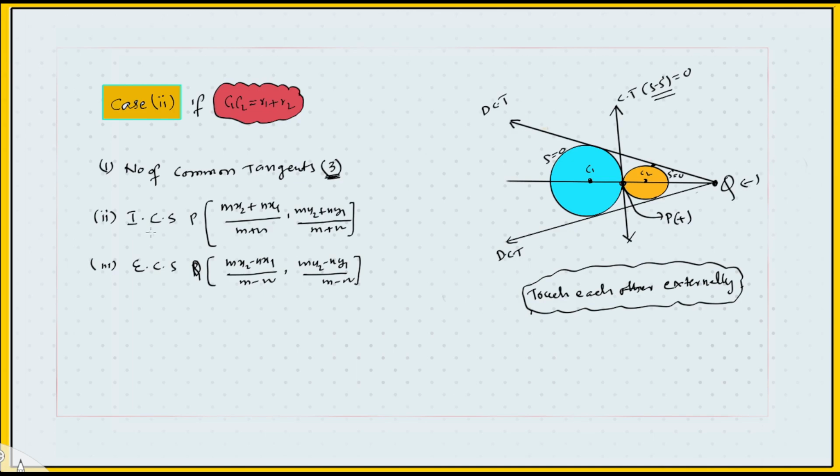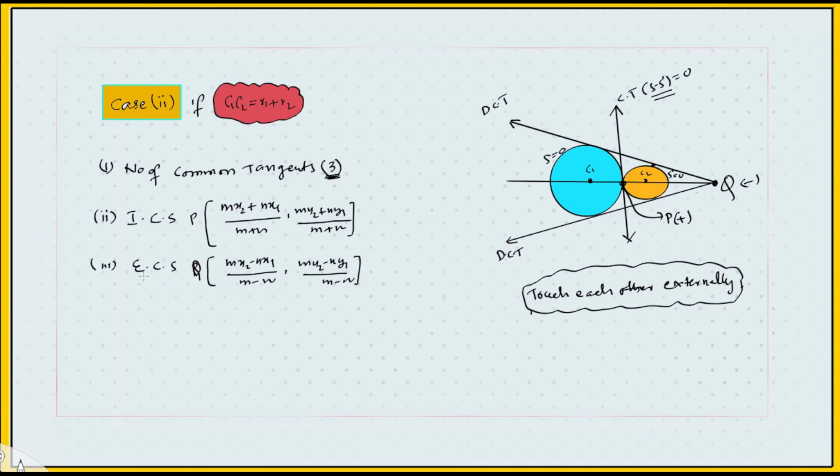The formula of the internal center of similitude P, the point of contact, is (mx2 plus nx1) by (m plus n), comma (my2 plus ny1) by (m plus n). If C1C2 equals R1 plus R2, the internal center of similitude is also called the point of contact.